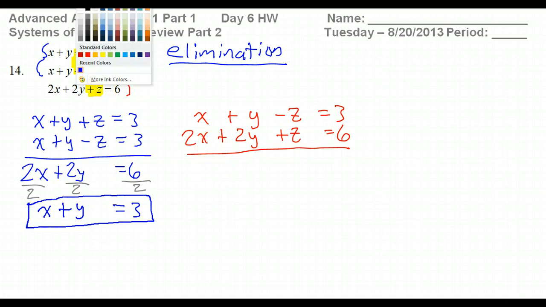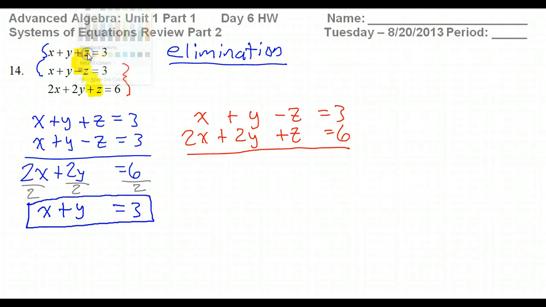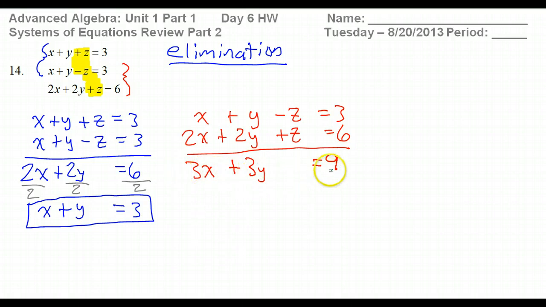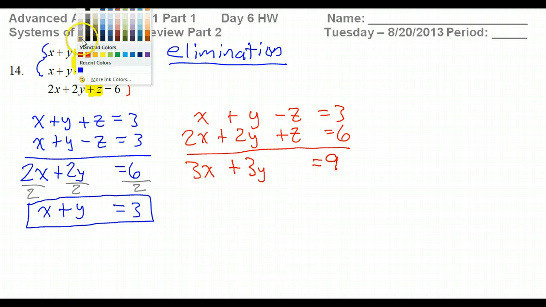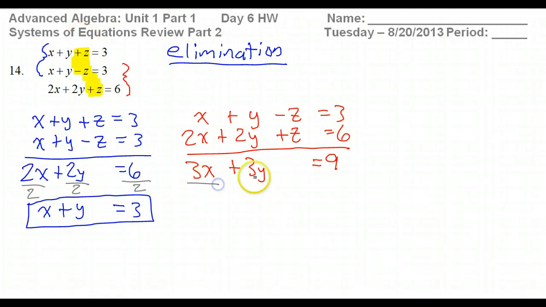Now I will do a similar thing with the red equations. Combining like terms, I get 3x plus 3y. The z's go away. And that's going to be equal to 9. I'm noticing that all of these are divisible by 3, so I'm going to make the numbers smaller.